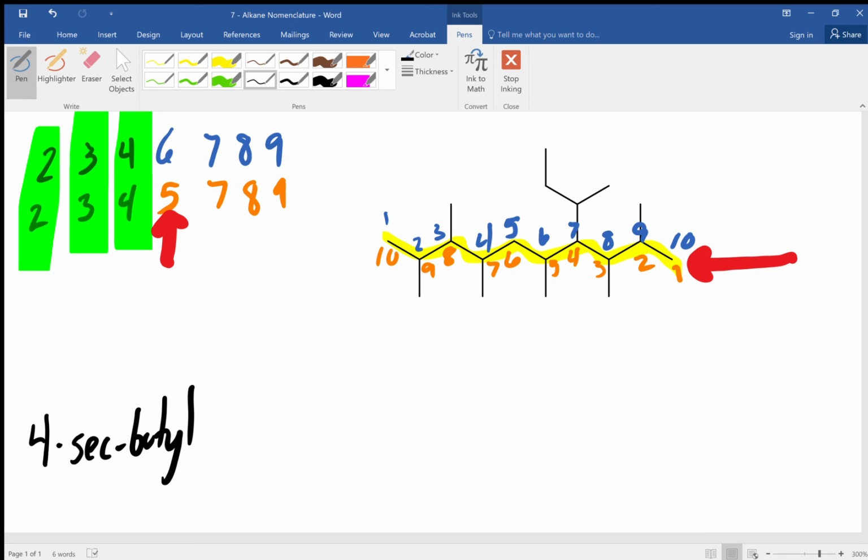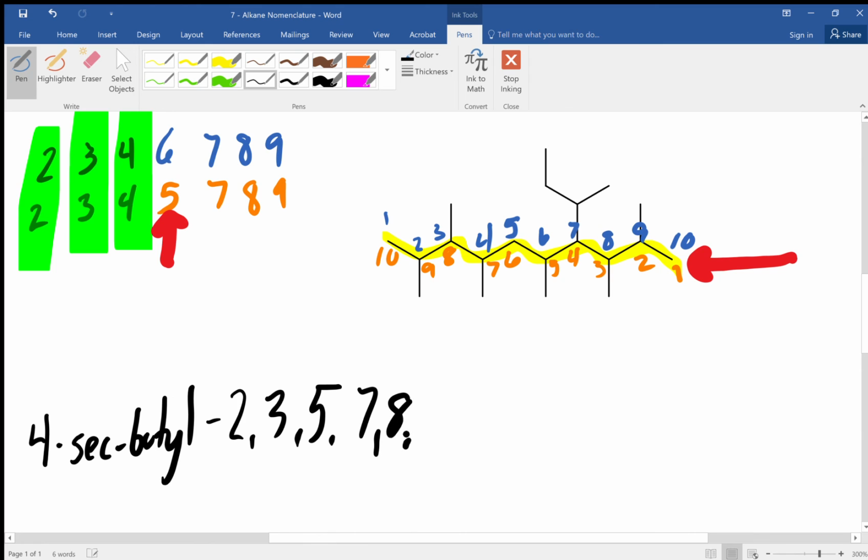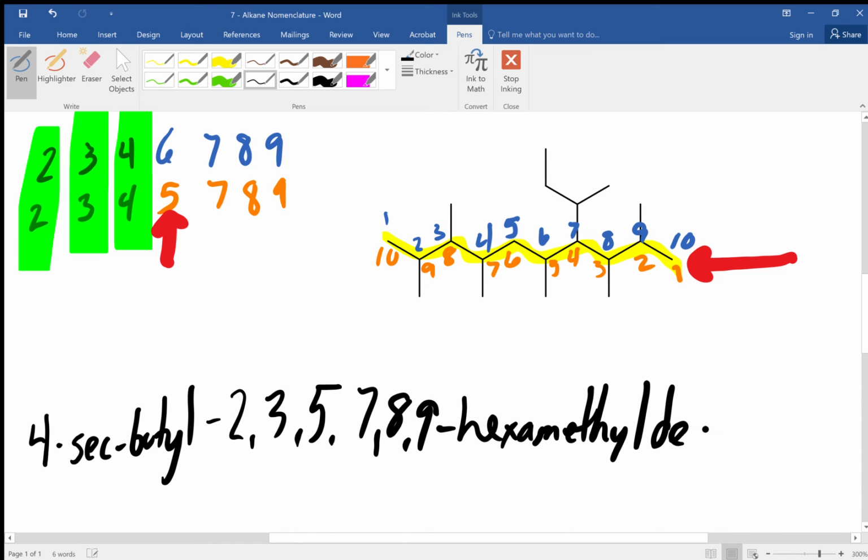And so now we just need to list and count up all the methyl groups. 2, 3, 5, 7, 8, 9, hexamethyl, and then the parent is decane from 10 carbons.